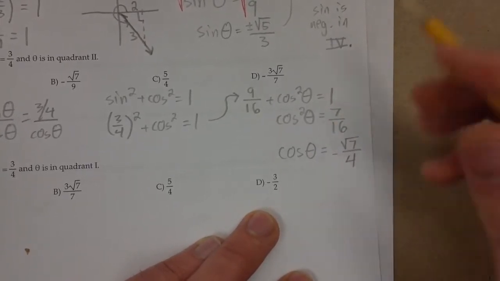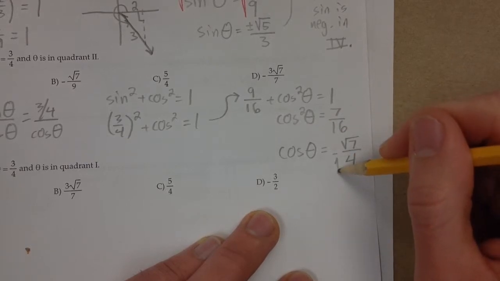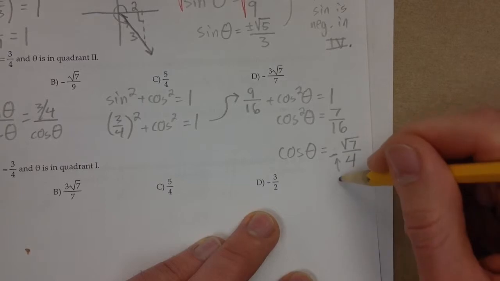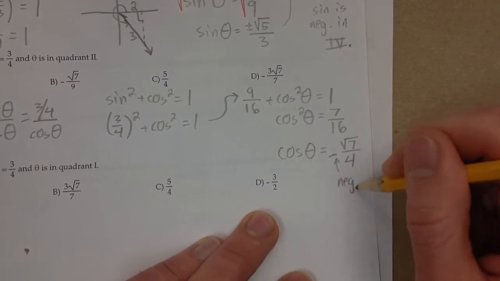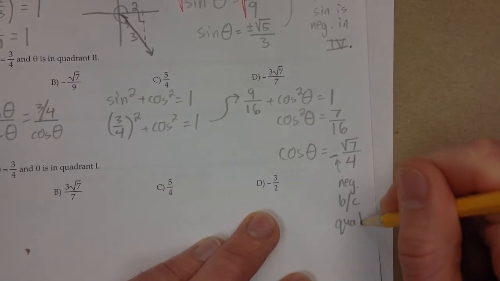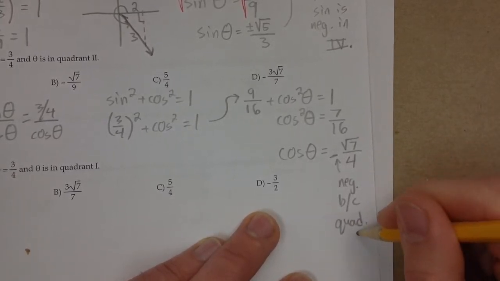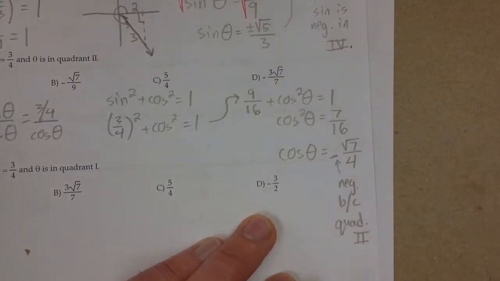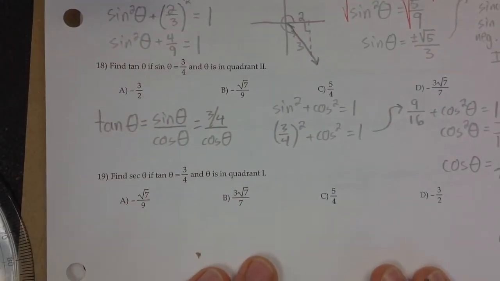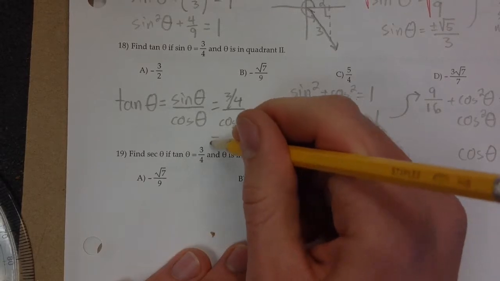We just found cosine. We're on our way to finding tangent. Negative because quad 2. Okay, moving. We're on our way.